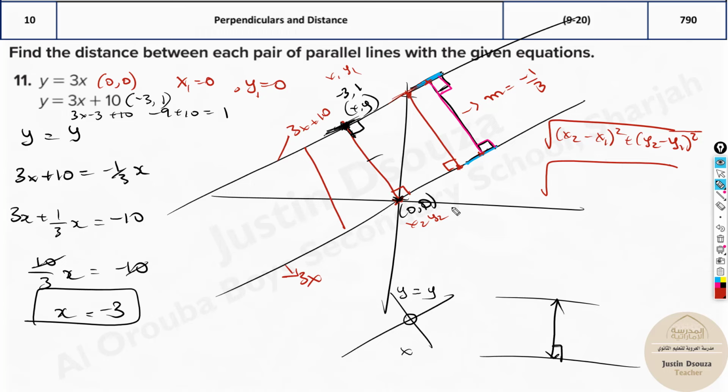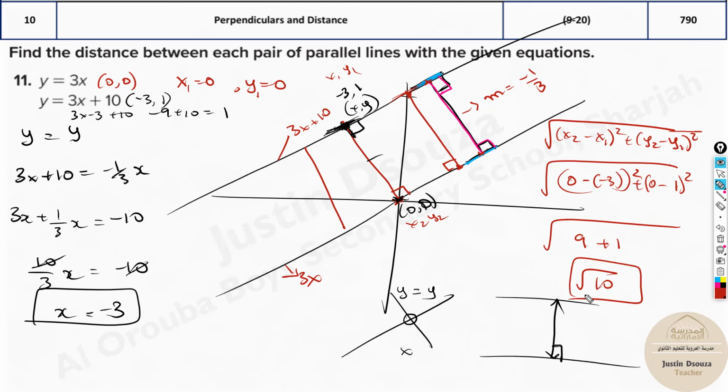Or the other way around is easier, but anyways. x2 is 0 minus x1, which is minus 3, the whole square, plus y2 is 0 minus 1 the whole square. You can put this directly in the calculator and get the answer. It'll be 3 squared is 9 plus 1, square root of 10 is the final answer. So this is how we solve it.